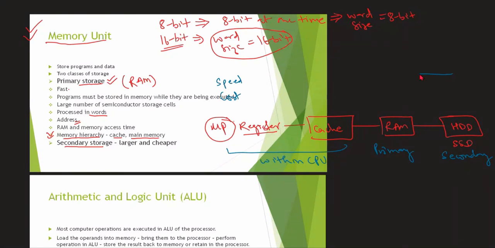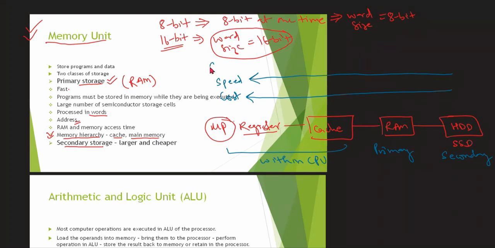Cost is also higher here. If you are going to purchase a cache memory and compare the cost of cache memory and RAM, the cost of cache memory will be higher than the RAM. If RAM is compared with the hard drive, the RAM cost will be higher than the hard drive.